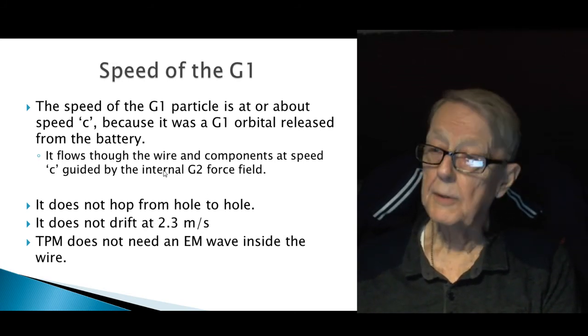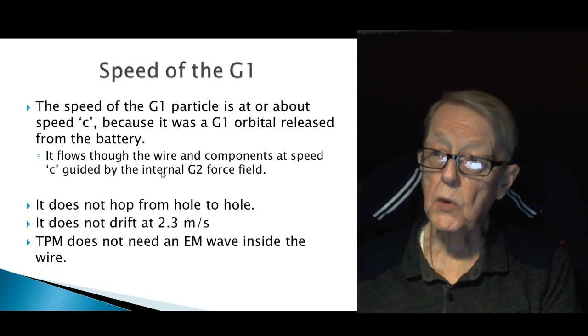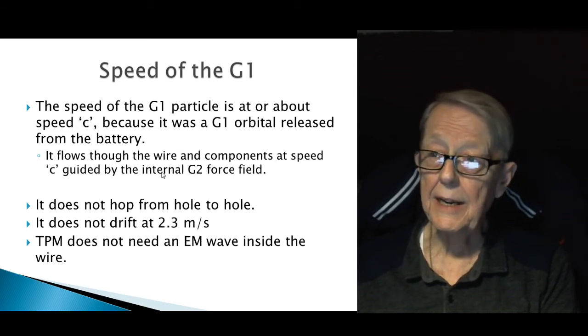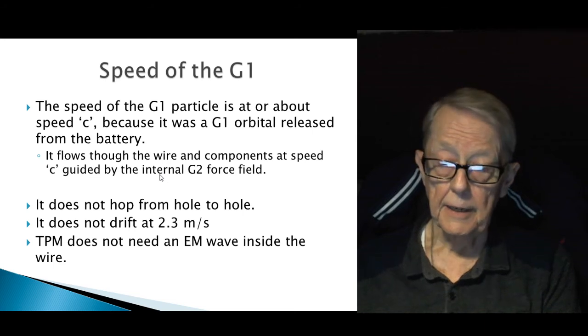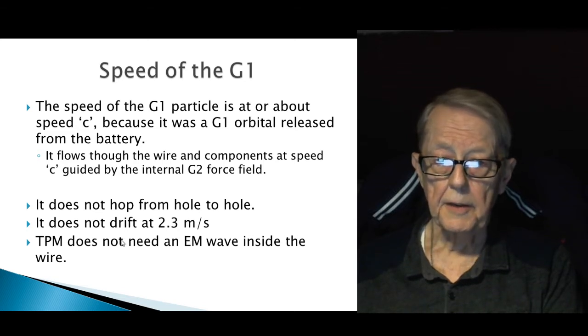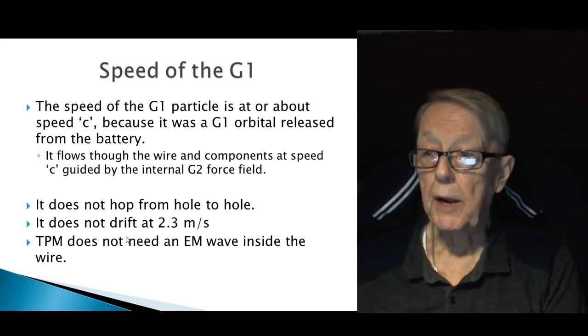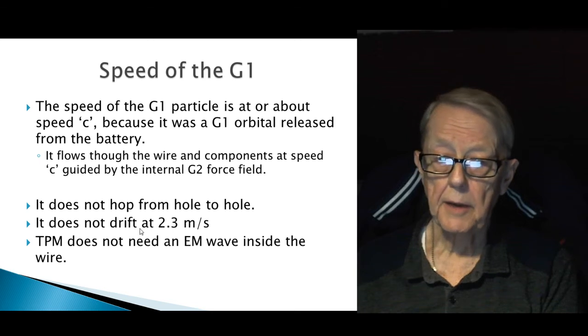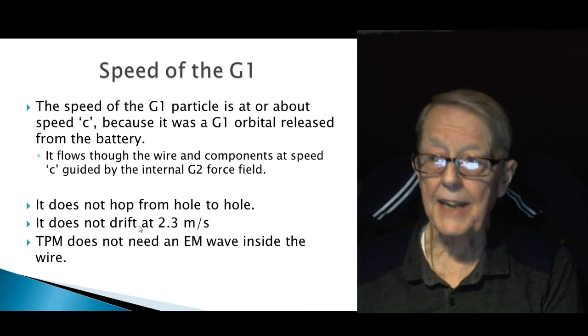But the G1 particle doesn't. It is flowing through the conductor wire freely, just like an asteroid flows through our galaxy. And we don't have an EM wave at all inside the wire.